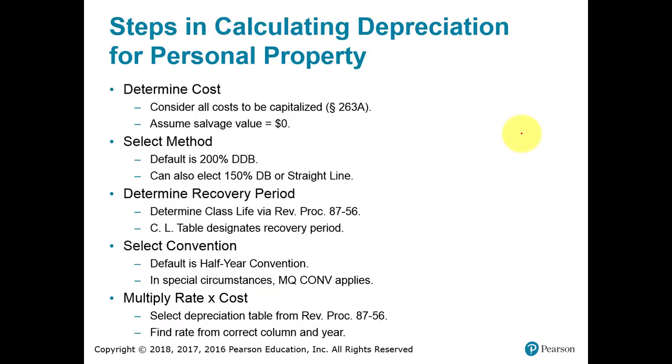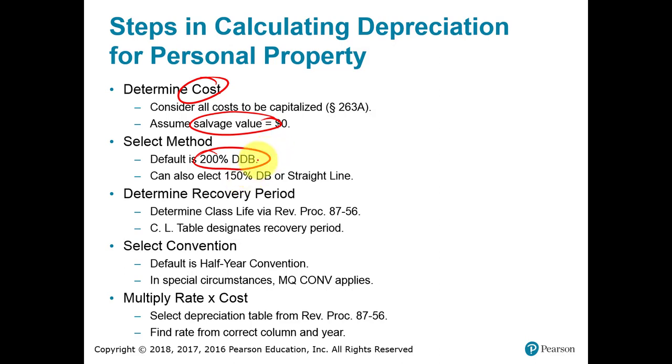So here are the things that we go through to calculate the depreciation under the MACRS rule. You have to know how much cost to capitalize. And again, no salvage value, so you're going to deduct all of this cost over the asset's life. The default, the general rule, is to use the double declining balance method, and this is already built into the percentages, the depreciation rates on the depreciation table.